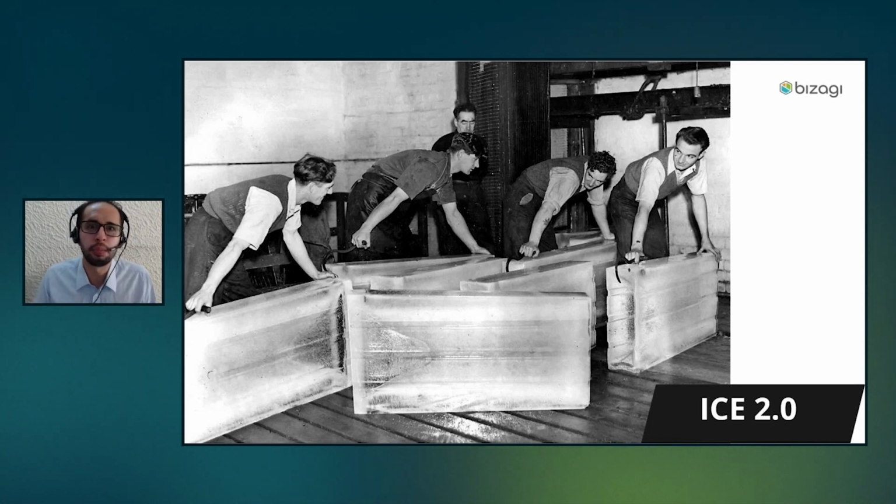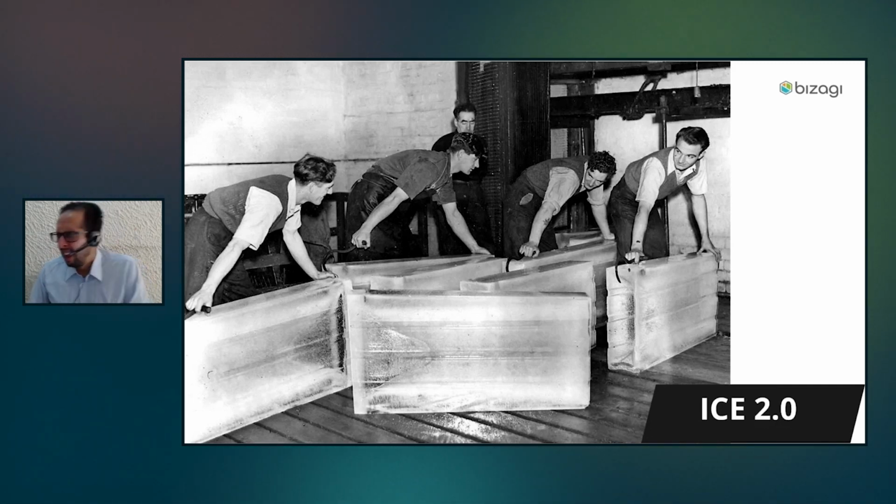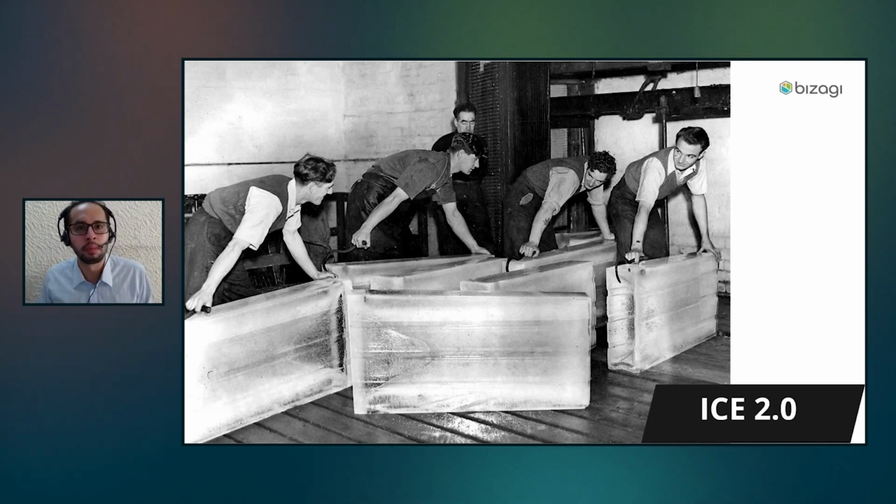And in this ICE 2.0, instead of getting all the big and massive ice blocks from frozen lakes, what if we build some machines that allow us to create these big blocks of ice, but now in a factory, right? And now we were having big ice factories. So it was much better than ICE 1.0.